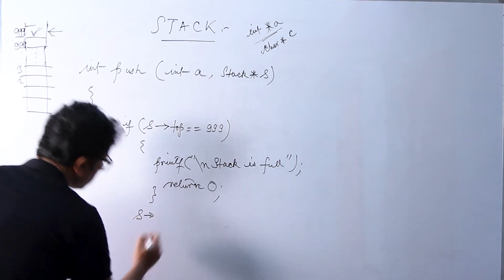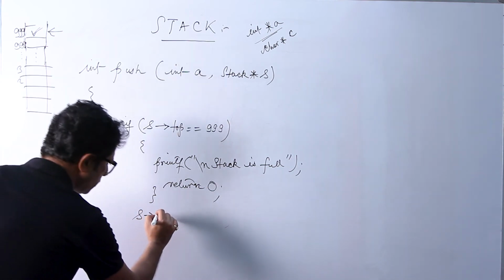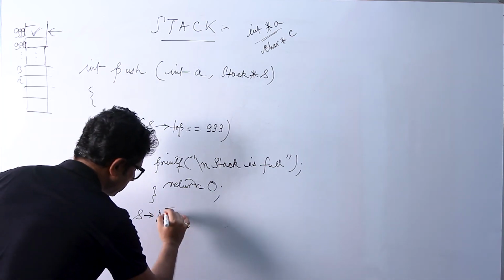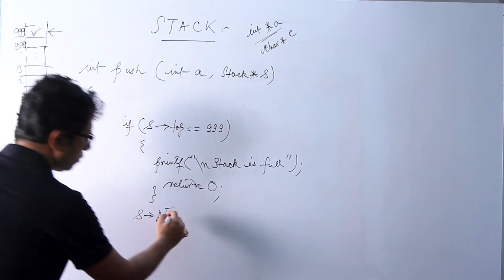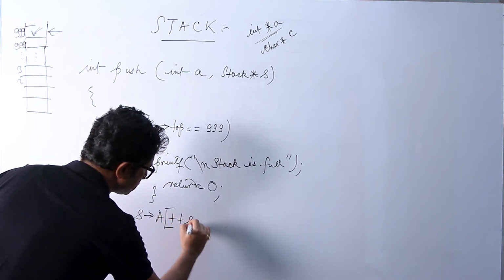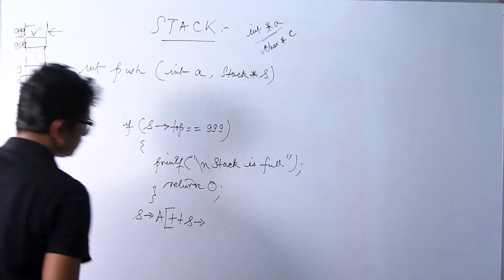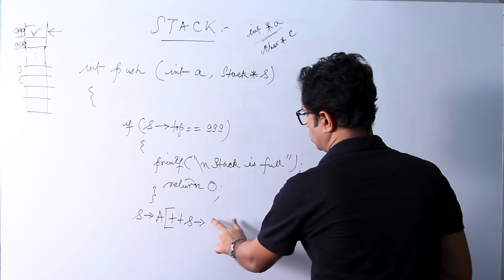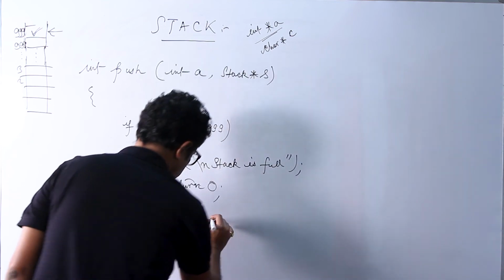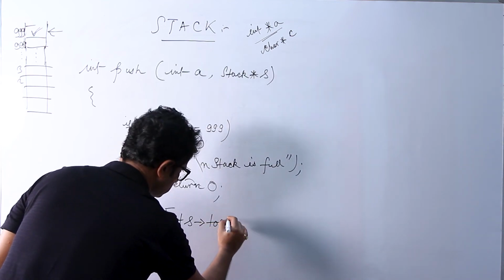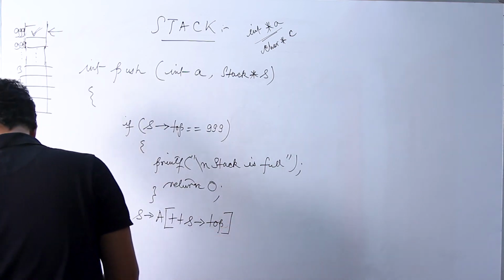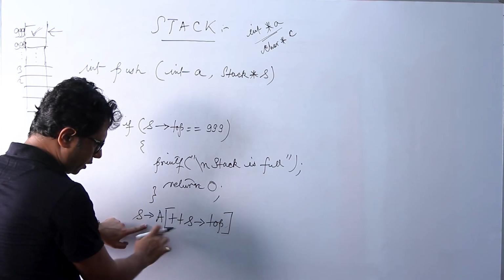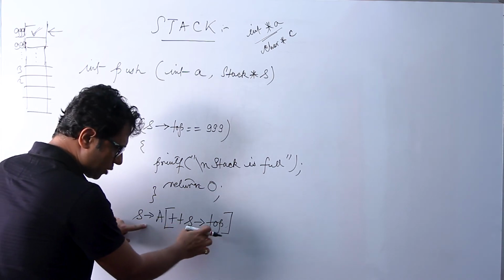Suppose I write like this: S arrow, the array name was A, S arrow A, third bracket, plus plus S arrow top.